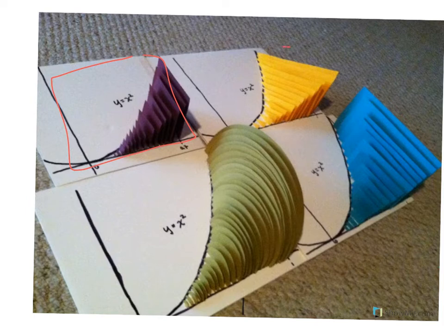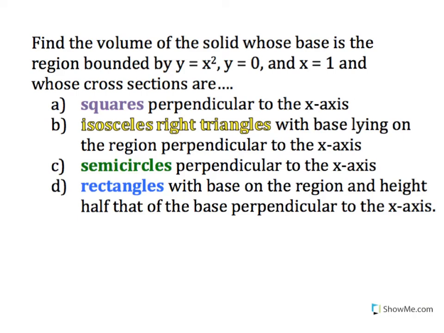This is what it would look like for isosceles right triangles sticking upright at you. Semicircles obviously is this one, and the rectangle there is in blue. But this gets you an idea of the three-dimensional shape of what we're constructing. So let's get back to the setup for each of these.